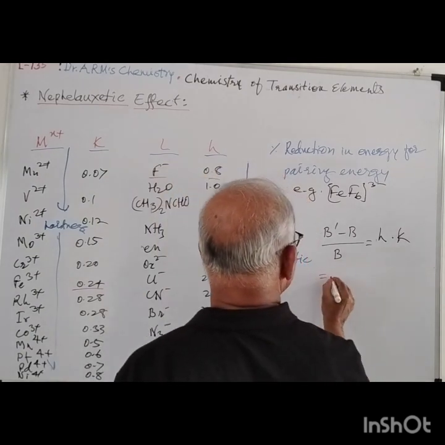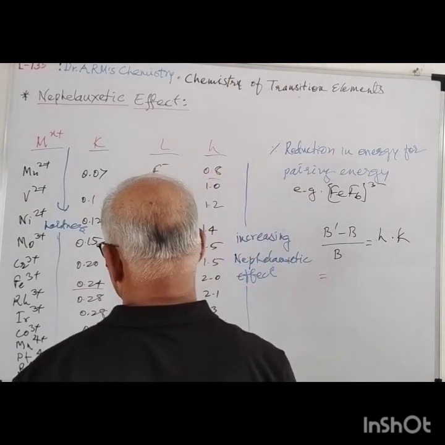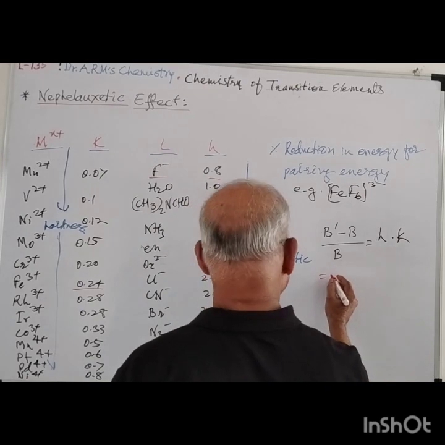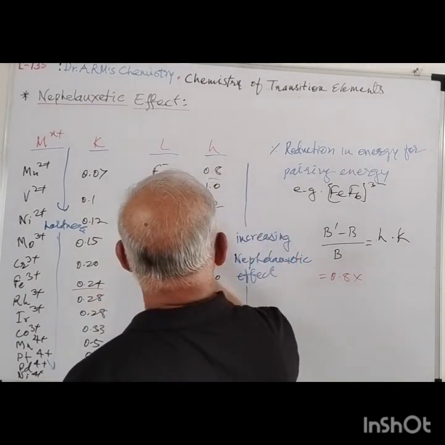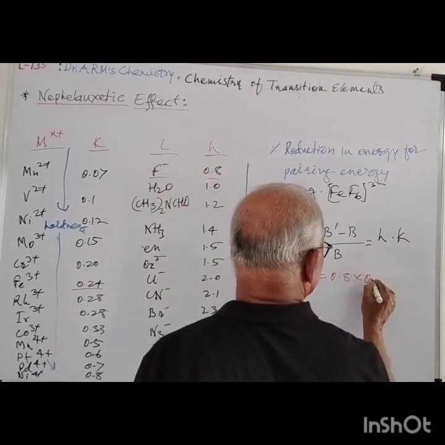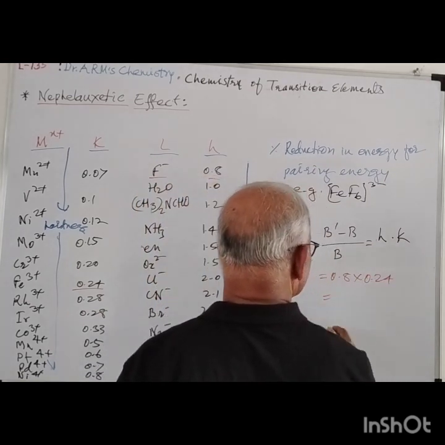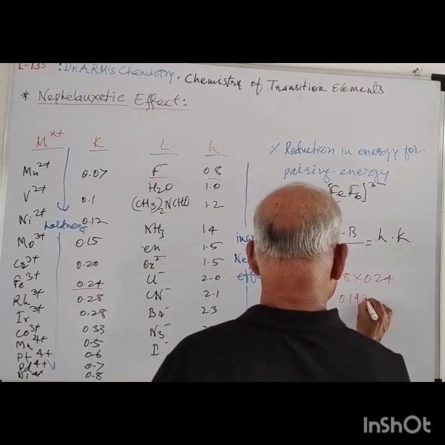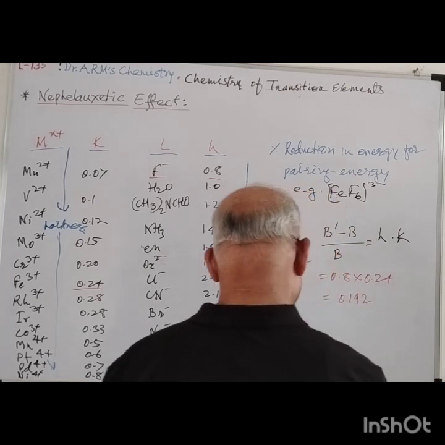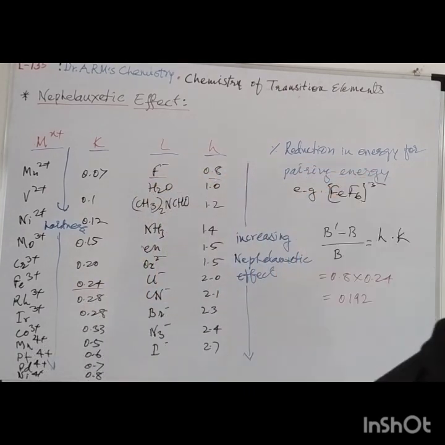So here we get 0.24, or 0.8 into 0.24. So this gives us 0.192.